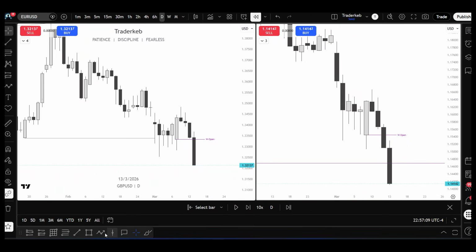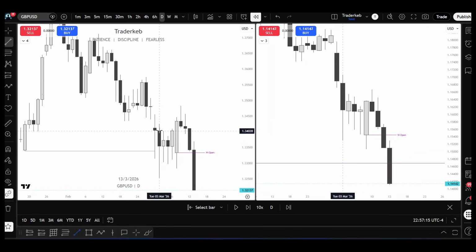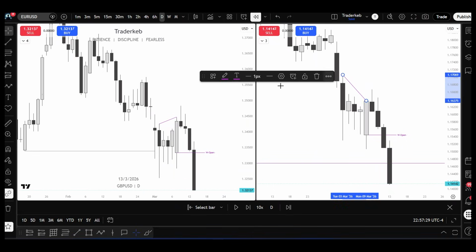So as you can see, Monday open traded where? Into this level. Yeah, we traded here, we have a fair value gap there. As you can see, we traded there on Monday.